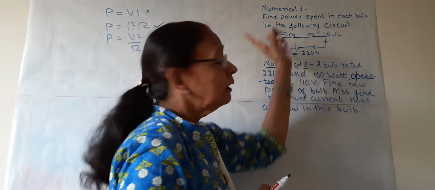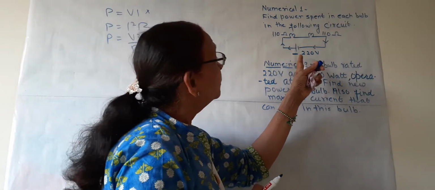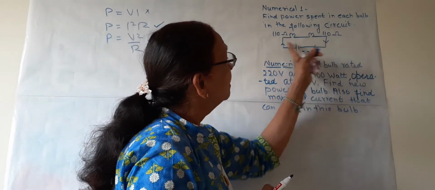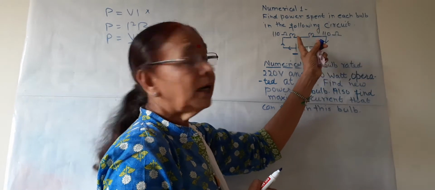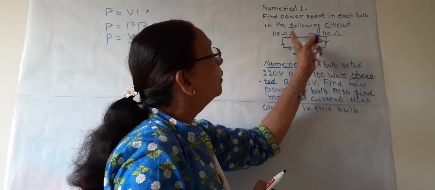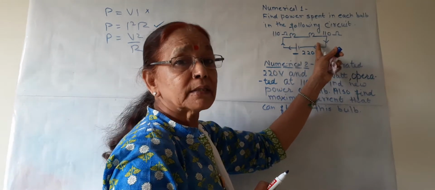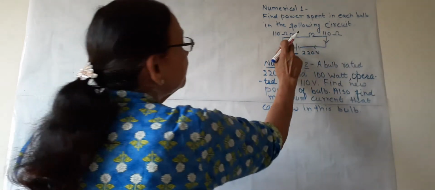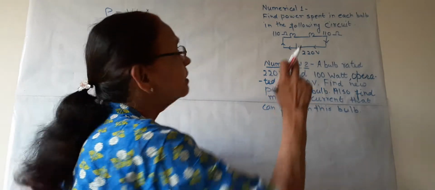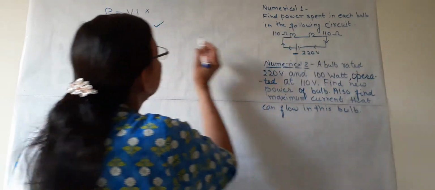It can see the whole team together. So this battery can see the joint resistance or the complete resistance, not the individual resistance, the effective or equivalent resistance. So first we will calculate the equivalent resistance of this circuit as they are in series.